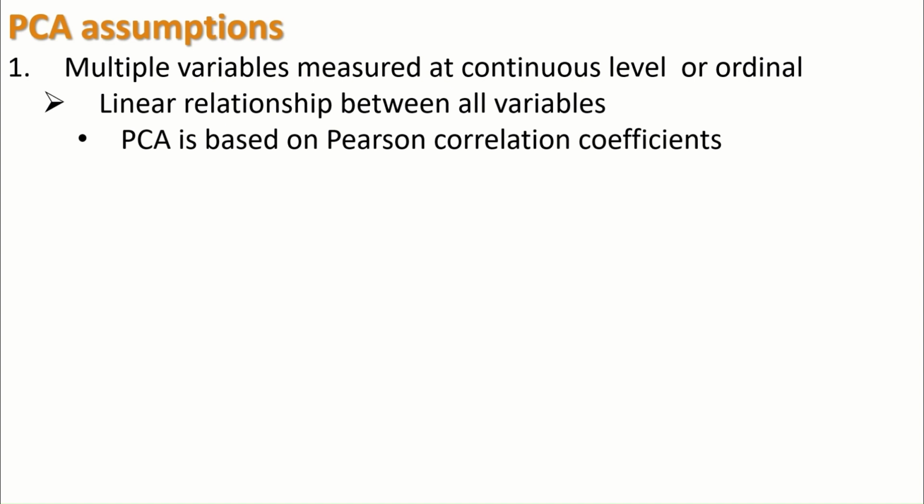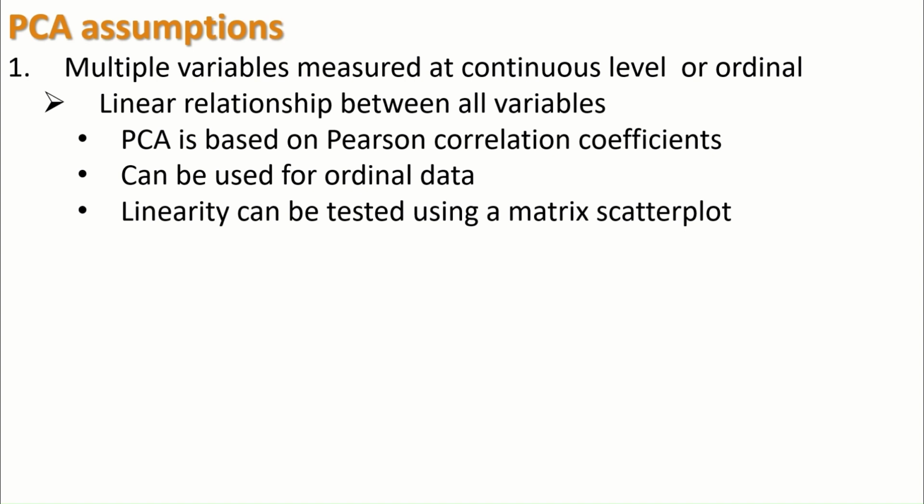PCA is based on the Pearson correlation coefficient. The method can also be used for ordinal data such as a Likert scale. Linearity can be tested using a matrix scatter plot.